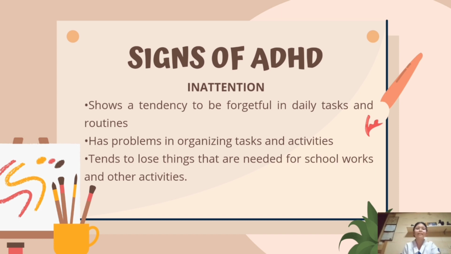And next, tends to lose things that are needed for schoolwork and other activities. This is one of the reasons why a child is being forgetful, because he or she tends to lose things needed for schoolwork and other activities. So that's the effect of being forgetful.